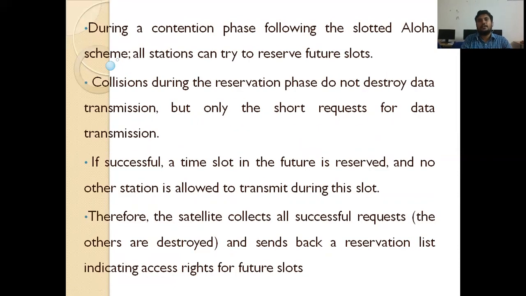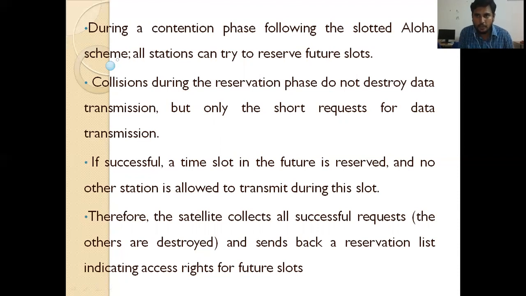During a contention phase following the slotted Aloha scheme, all stations can try to reserve future slots. Collisions during the reservation phase do not destroy data transmission, only the short request for data transmission. If successful, a time slot in the future is reserved and no other station is allowed. Just remember this: no other station is allowed because it is the reserved slot.